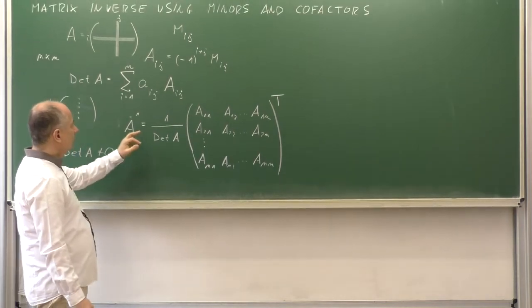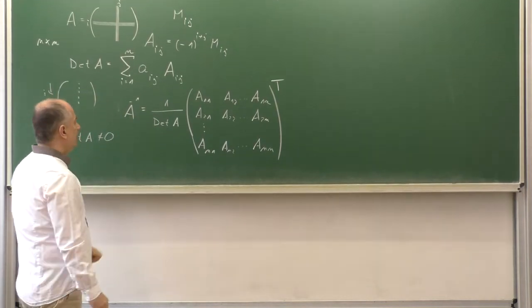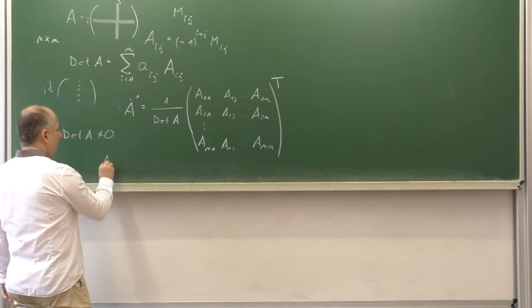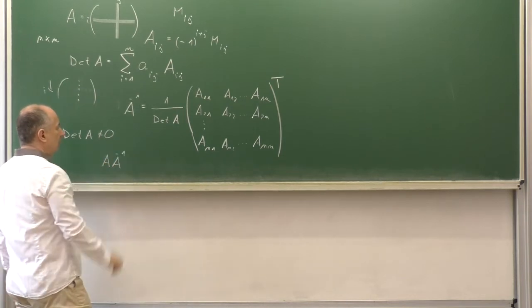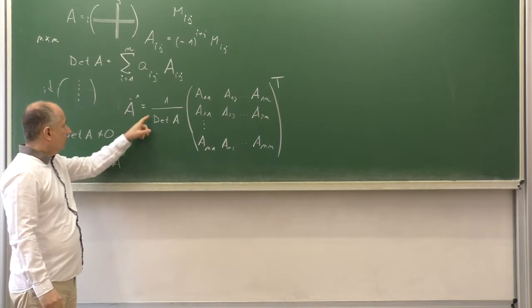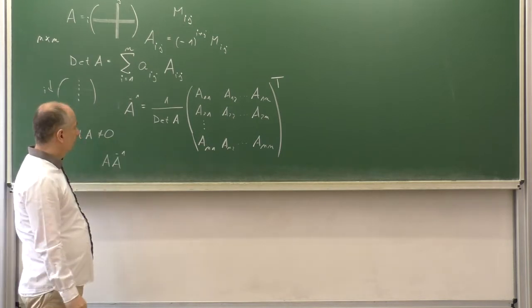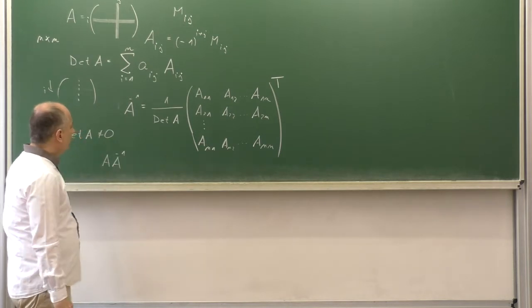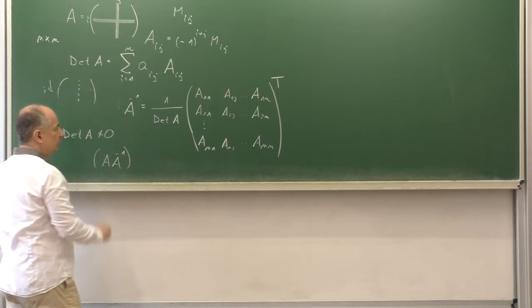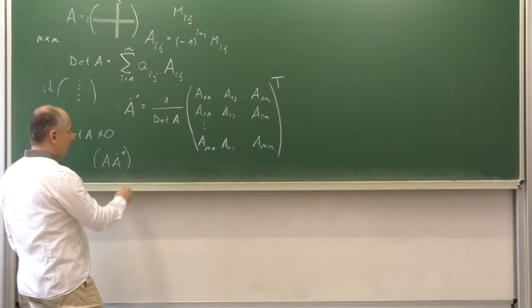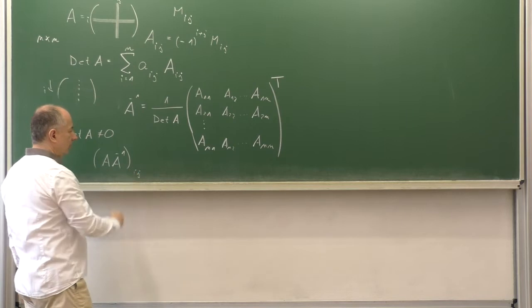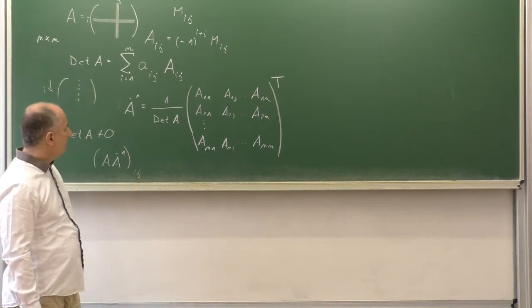It is easy to show that this is indeed the inverse. If we multiply the original matrix A with this expression, then this is a matrix, and its entries look like this.